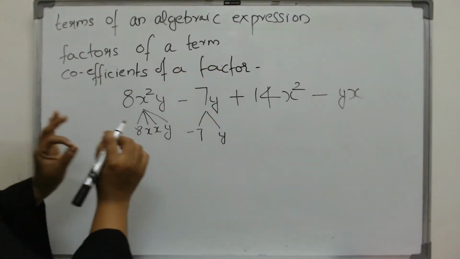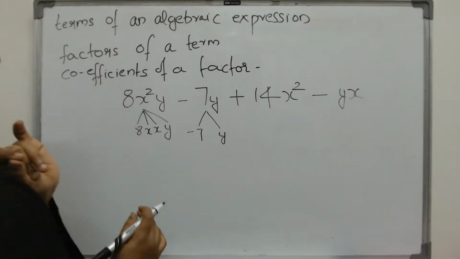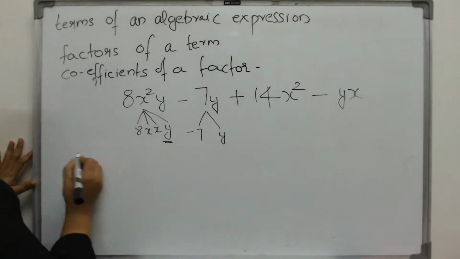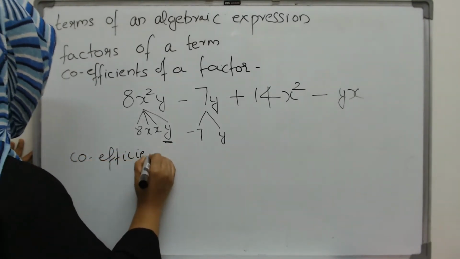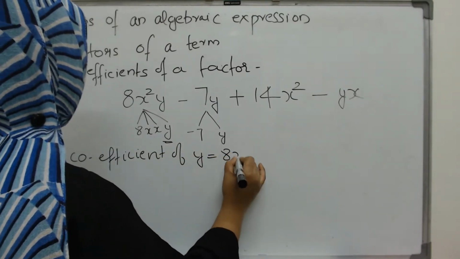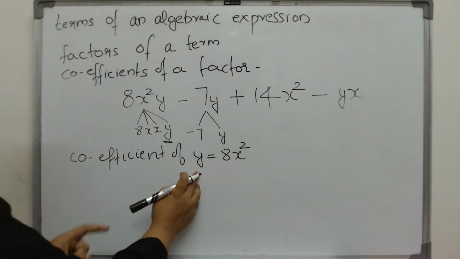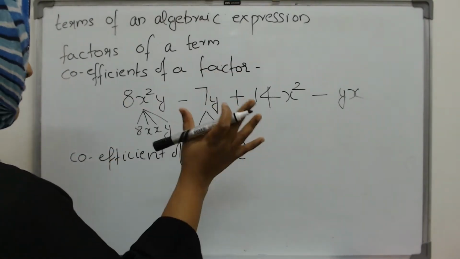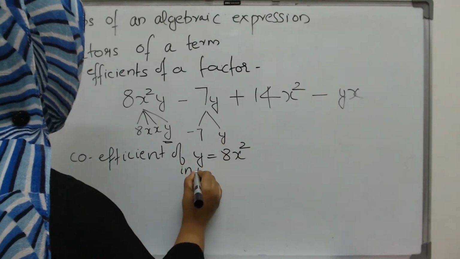So if you take a factor, this first term has 4 factors. If you take any one factor, for example y, then the coefficient of y in the first term will be 8x square. So those will be the other quantities together with y which make up the first term. This is the coefficient of y in the first term.